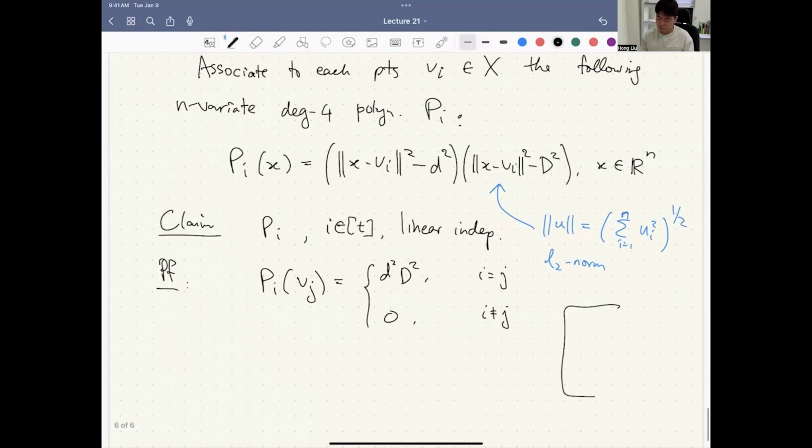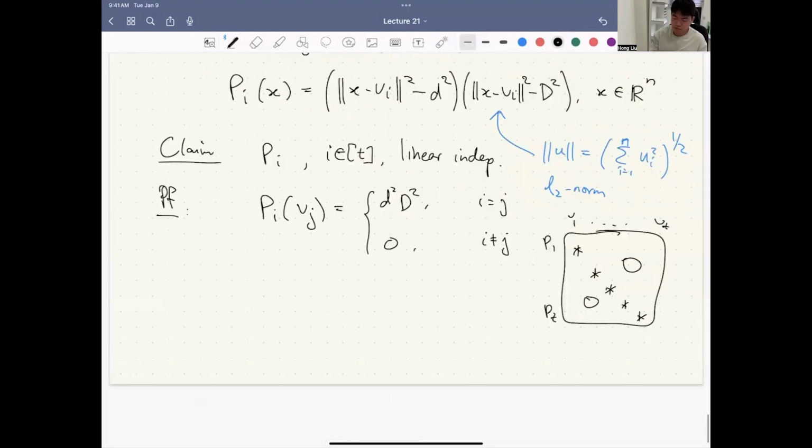So you have P1 to Pt evaluated at V1 to Vt, and this is a diagonal matrix with non-zero diagonal entries. Yeah, they are linearly independent.